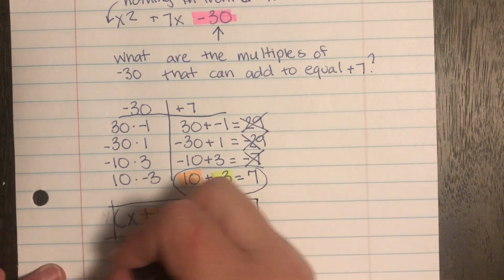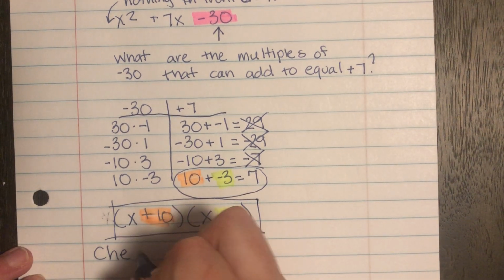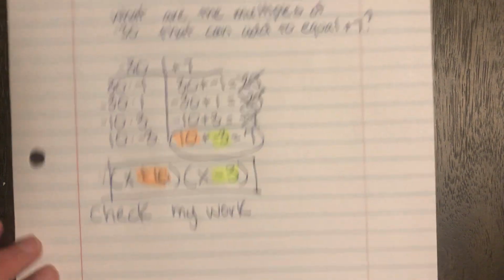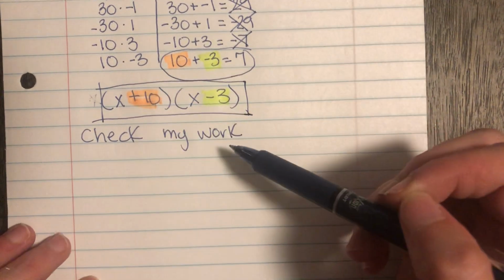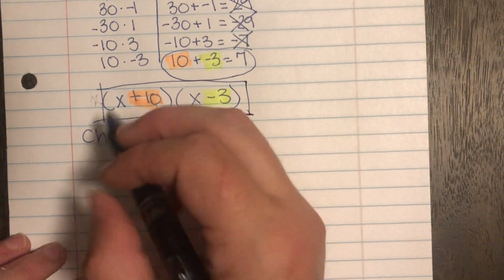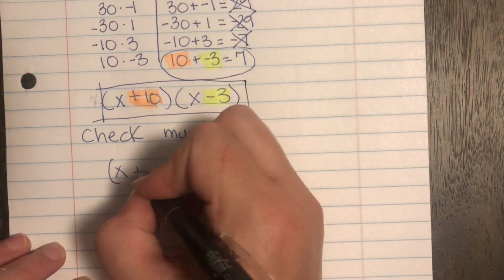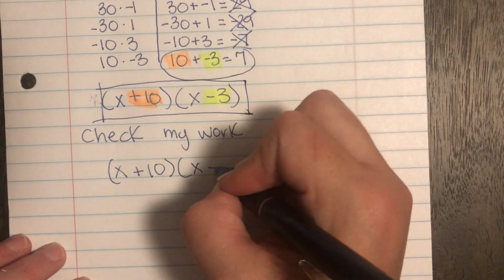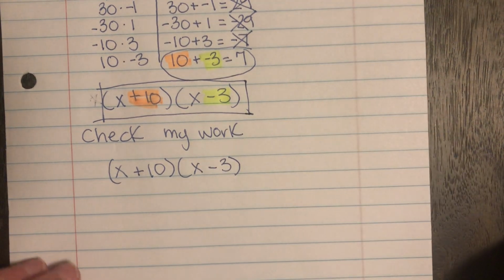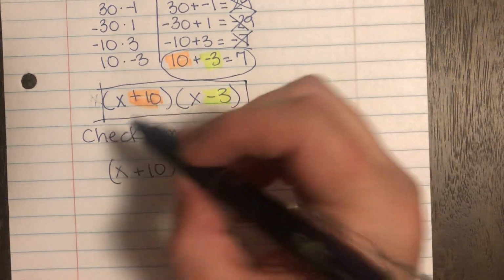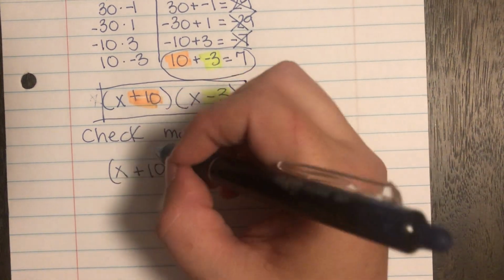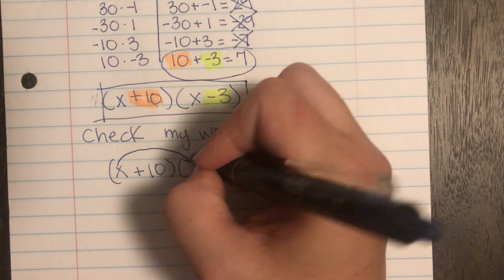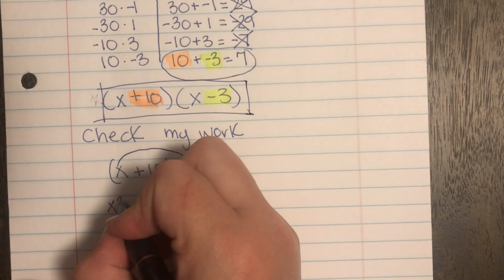There's our final answer. Again, I'm going to check my work. To check my work, I'm going to use FOIL or the box method or whatever way you have learned to multiply. I always call it the clown's face because I make it like a Frida Kahlo unibrow clown. Anyway, we're going to do first times first. So x times x, which is x squared.